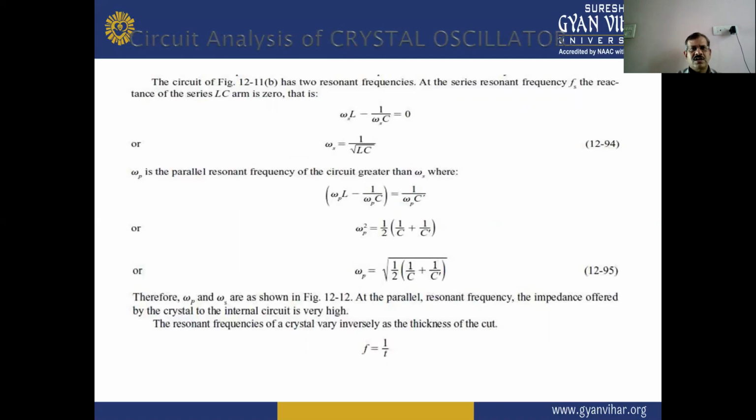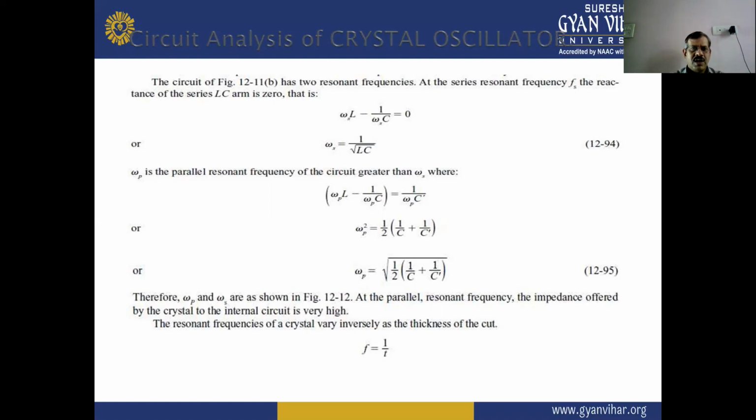The circuit in B has two resonant frequencies. At the series resonant frequency fs, the reactances of the series LC are equal, that is omega S L equal to 1 upon omega S C. So omega S equal to 1 upon under root LC.